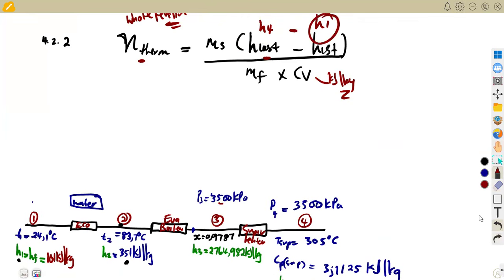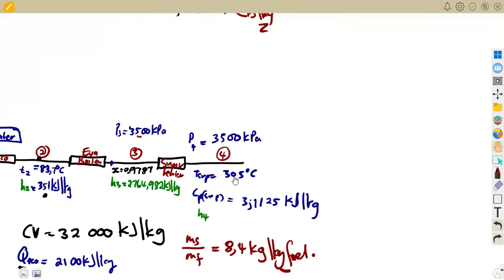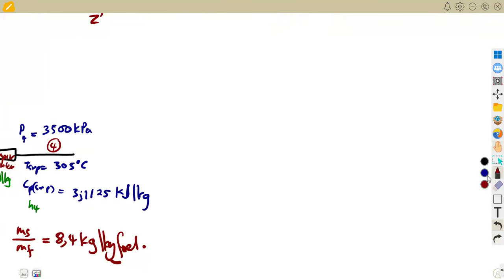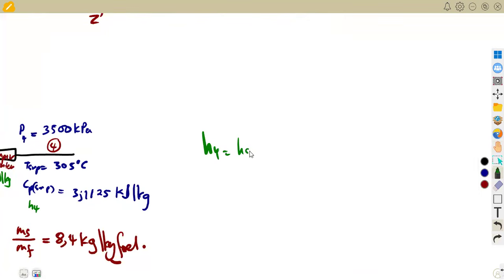We need H1. But H1, we already stated. H4, we never talked about this, but I just mentioned it in passing. That is because we are given the specific heat capacity of the superheated steam. They expect you to calculate the H sup there. H4 is equivalent to H sup.